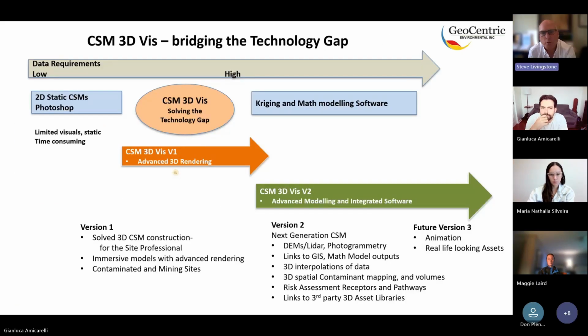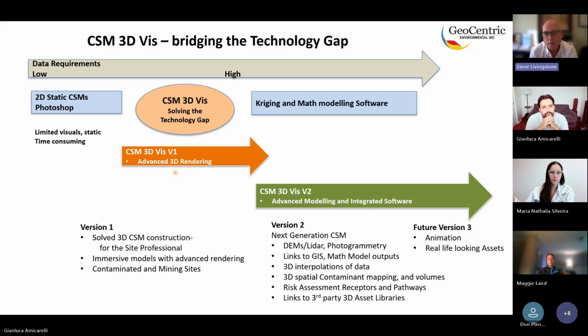So we've been working really hard on version two, which is understanding that people are also using other models. They need other information. They are seeking out advanced ways of showing their conceptual site models in 3D. So we've tackled this by incorporating the digital elevation models into our software.